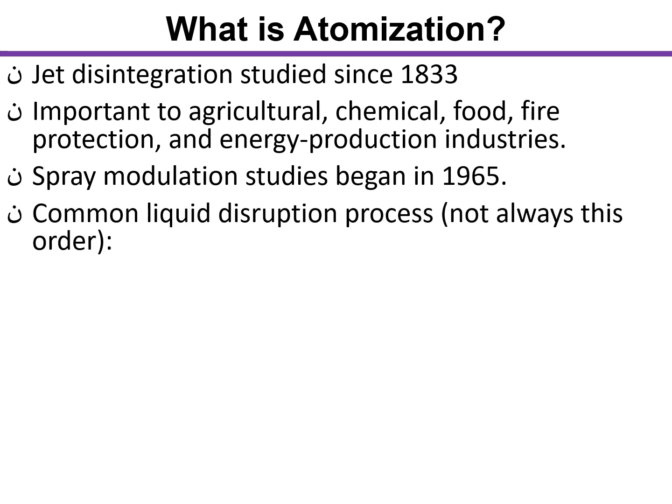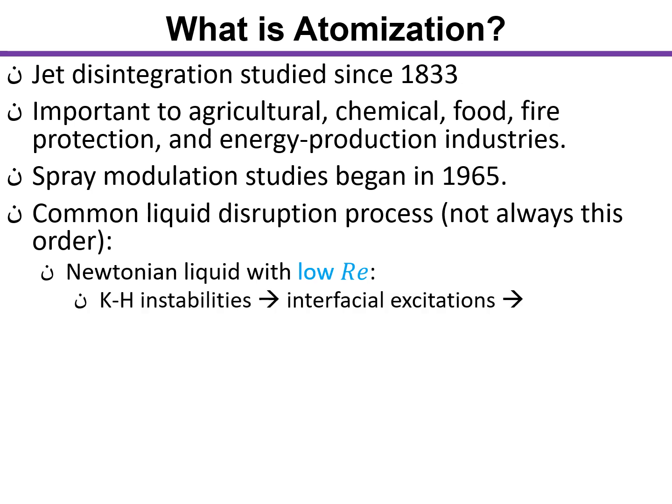But among all these different processes, there are a few common pathways that the atomization process takes, and they're not always in this order, but we'll address them best we can. As we begin with a Newtonian liquid with low Reynolds number, the initial perturbations come from the Kelvin-Helmholtz shear instability as the immiscible interface interacts between the two fluids at different velocities, and that excites that interface.